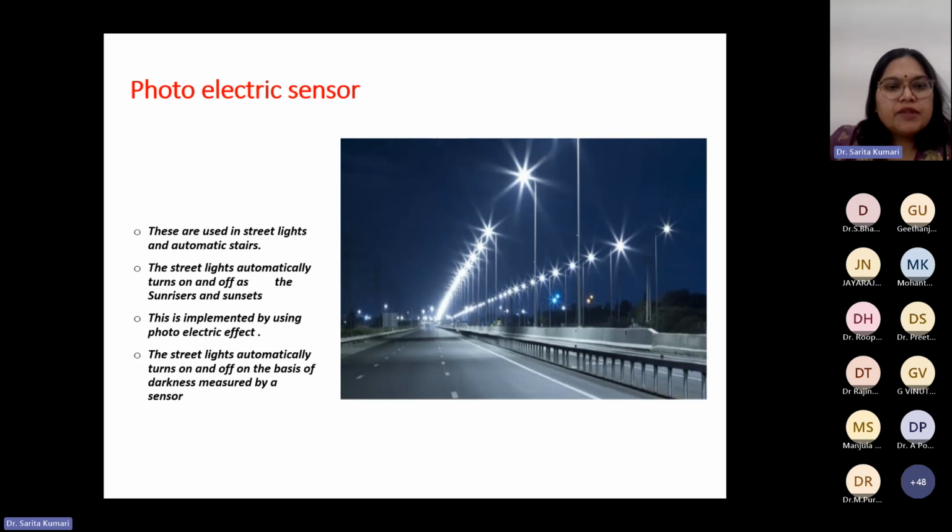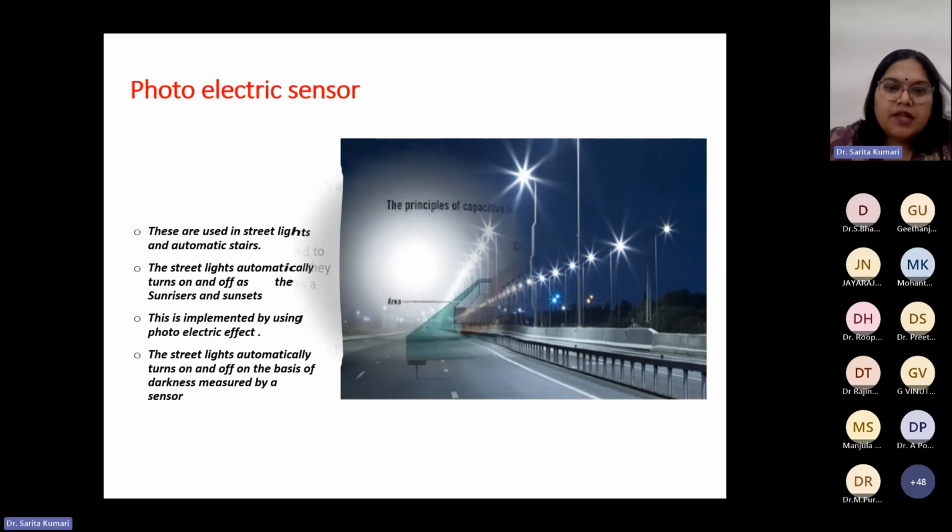So you can see these are used in street lights. It automatically turns on and off at sunrise or sunset. These are one of the very widely used applications of sensors we can see near our places.